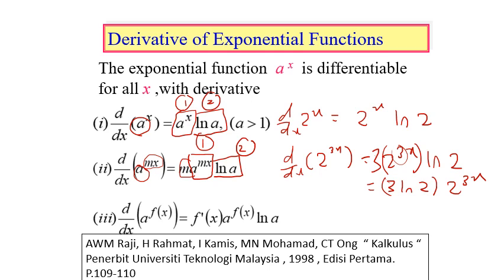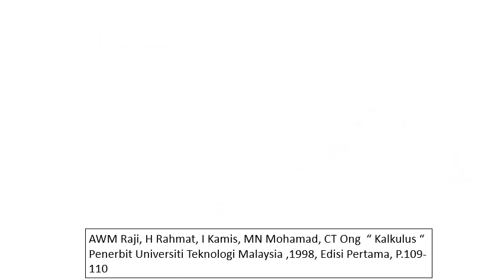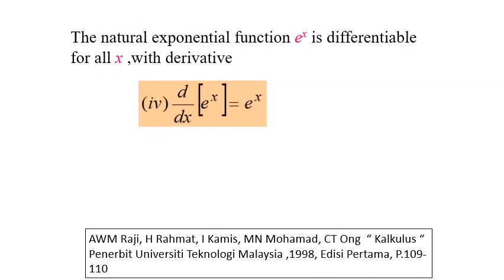In general, if we have a function like this, we differentiate the power also, and either put it at the front or at the back. Later on, you just have to rearrange. If we have natural log, we just copy and there is no need to put ln, because ln base e is actually 1.